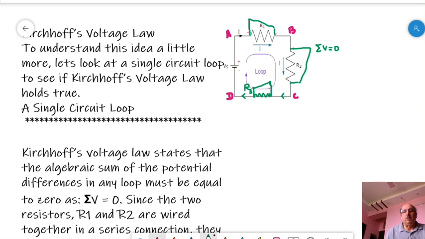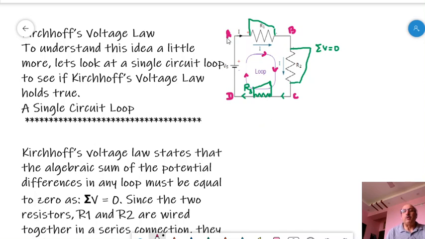Now we will find the equation using Kirchhoff's voltage law for this loop. The loop is A, B, C, D, and we are taking the clockwise direction for making the equation.